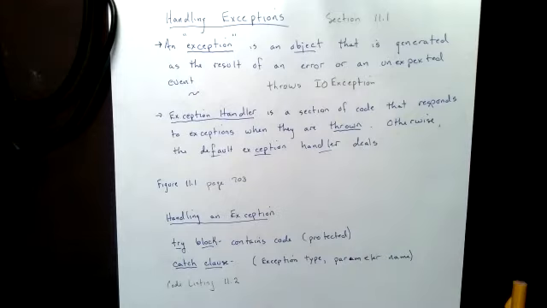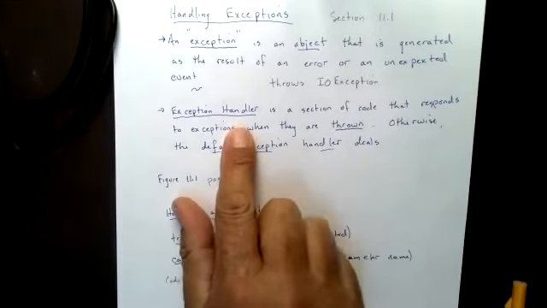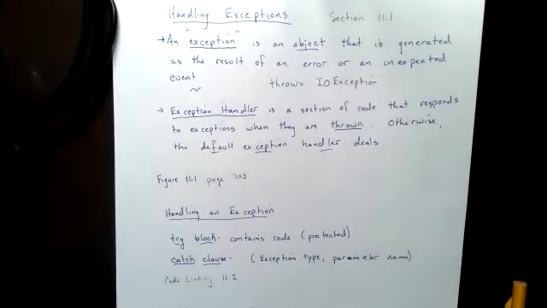When one of these errors occurs, one of these exception errors, as we're going to call them, we have to figure out how to handle it. And what is this error? Well, when this error actually occurs, an object is created. If an object is created, that means that object has to come from a class somewhere. So all of these classes are written to handle these exceptions, and we're going to take a look at all those classes in a little bit.